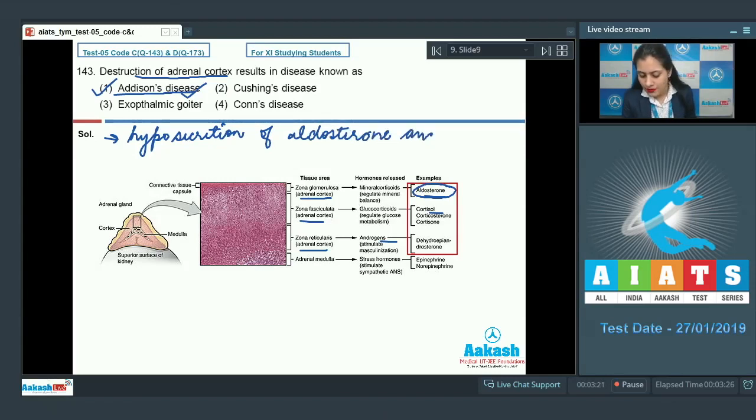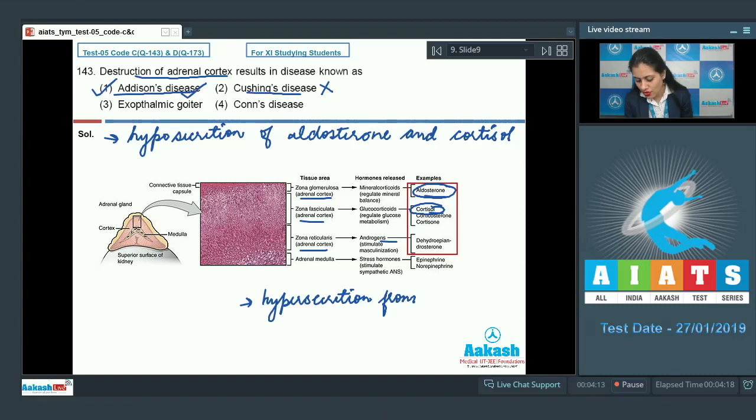So the correct answer is option number 1, which is caused because of the hyposecretion of aldosterone and cortisol. Let's discuss other options also. The next option is Cushing's disease, and this is an incorrect option, because Cushing's disease is caused due to hypersecretion from adrenal cortex. The next option is exophthalmic goiter, and this is also an incorrect option.